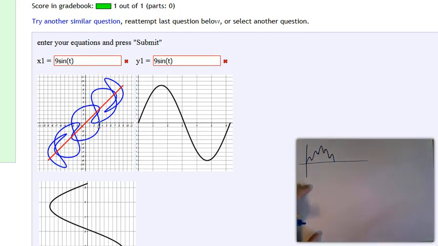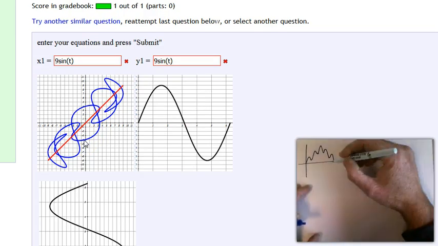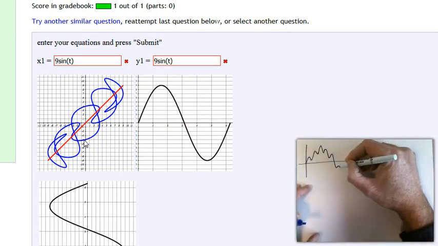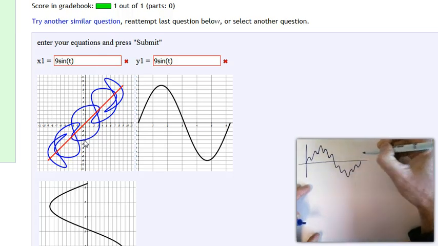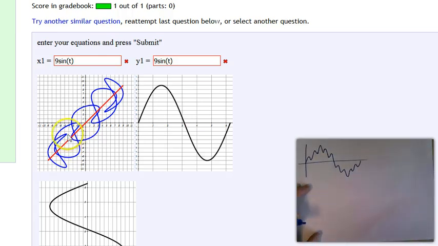Back to 0 right here, and then it does this whole thing again on the other side. Down, up a little, way down, up a little, down, up a little, down, up a little. Right, and back down and back to 0. Okay.